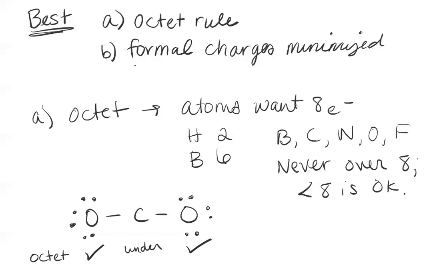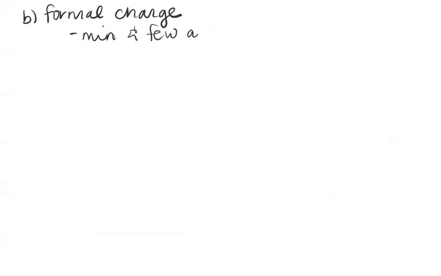So next is formal charges. So for checking formal charge, okay, like I said, minimal and few are best. We want to keep those formal charges minimal. Minimal means 0, right?